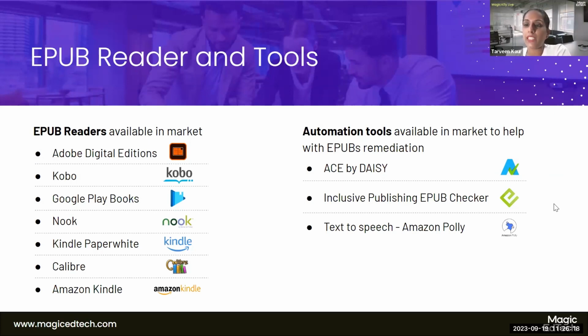They help you get the high-level validations from the code standpoint. Yes, ACE by DAISY is most commonly used. Then we have ePub Checker by Inclusive Publishing. That's also widely used. And then for text-to-speech, we use Amazon Polly for the conversion and ensuring the embedded audios are being ingested along with the ePubs.